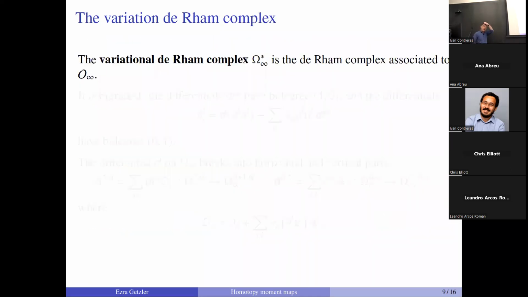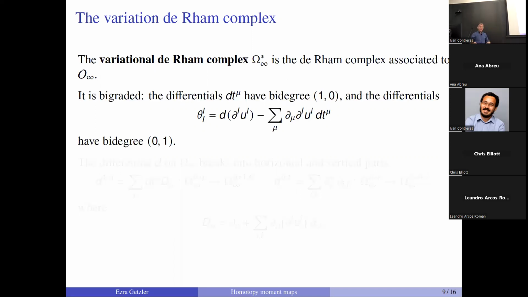So the variational de Rham complex is just the de Rham complex of O infinity. So you've got some generalization, if you like, of the de Rham complex when you have a fiber bundle. And it's bigraded. There are horizontal differentials, which are just the differentials of the independent variables. And the vertical ones are given by this particular formula.